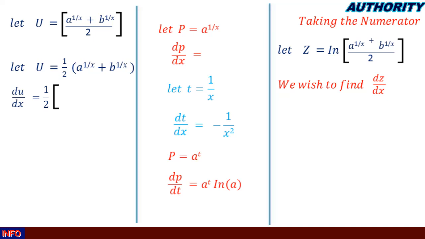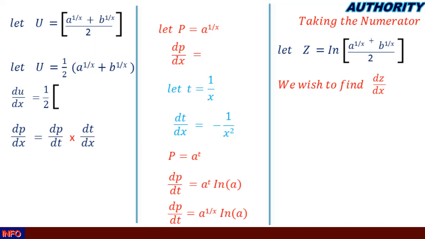So bringing these two derivatives together, dp/dt times dt/dx, it gives us dp/dx. Look at it. But you see that t is equal to 1 over x, right? Good. And when you replace it, we see that dp/dt is equal to a raised to the power of 1 over x ln a. You get this, right? Good.